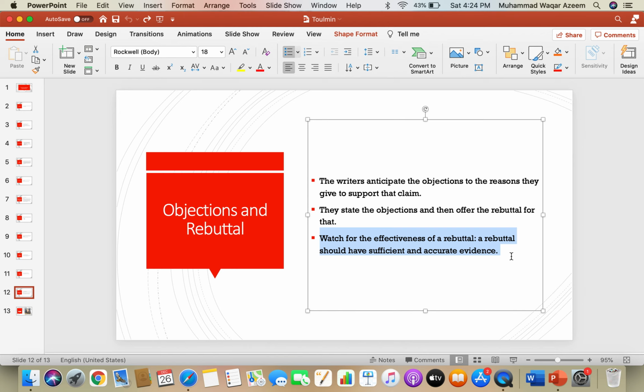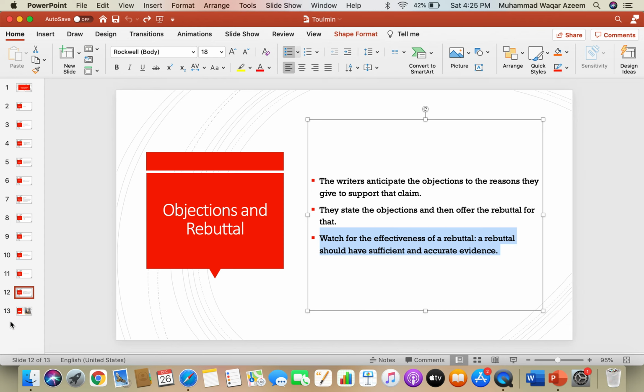If it does not, then point out that even if the writer has anticipated the possible objections and has provided rebuttals to those objections as well, still those rebuttals do not carry effective, sufficient, accurate evidence.